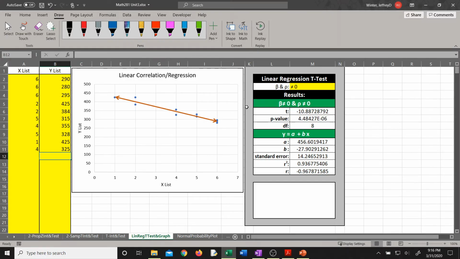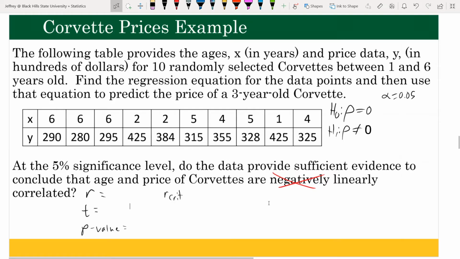Typing the data points in, we do see that we do have a linear path, and it doesn't appear like there's any outliers. So we can go ahead and just use r, t, and our p-value and write those in for our hypothesis test. So r equals -0.9679. Our t-value is -10.887.